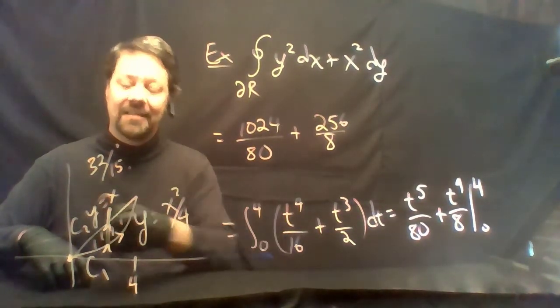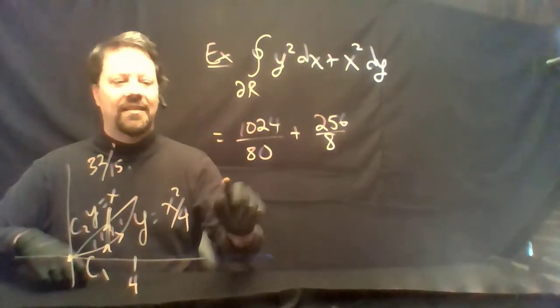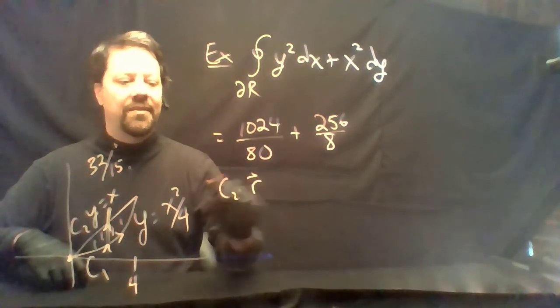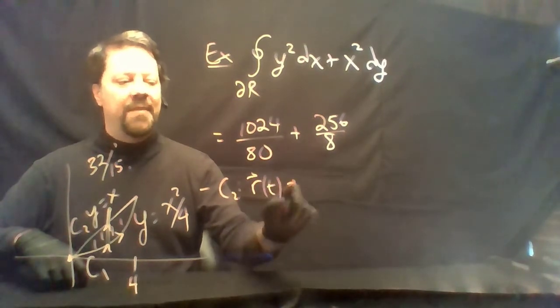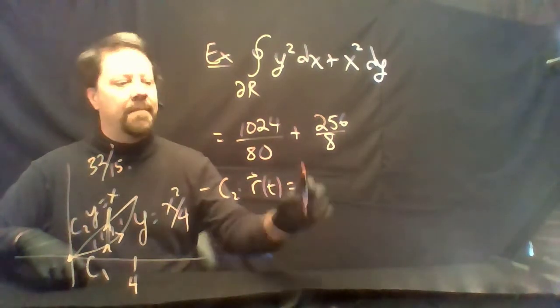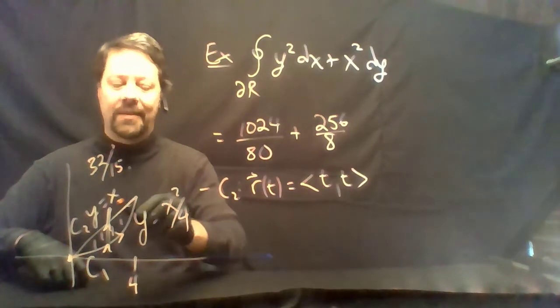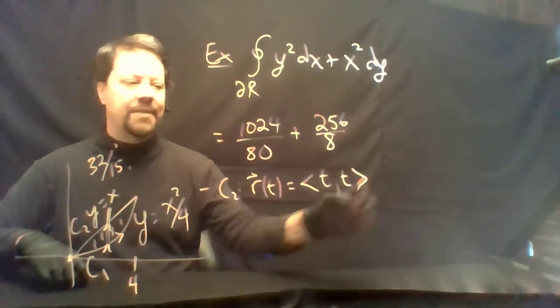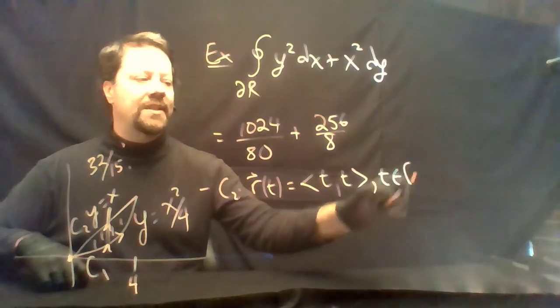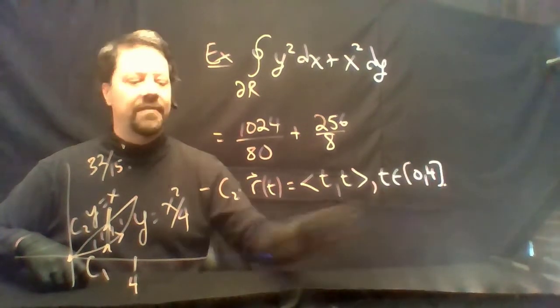We now have to integrate along C2. Along C2, it might be best to reverse the orientation and go along the curve t, it's y equals x. If x is t, y must be t as well, where t runs from 0 to 4.